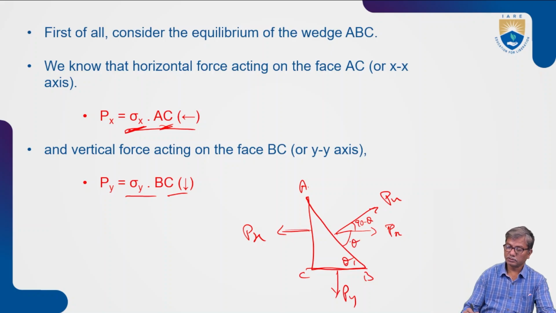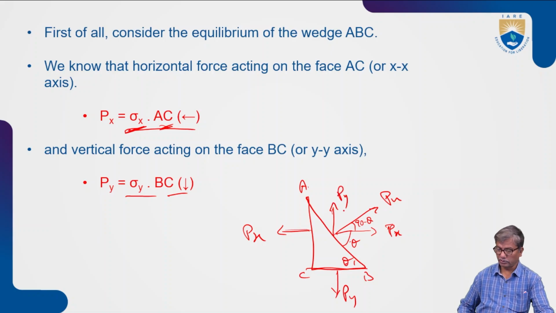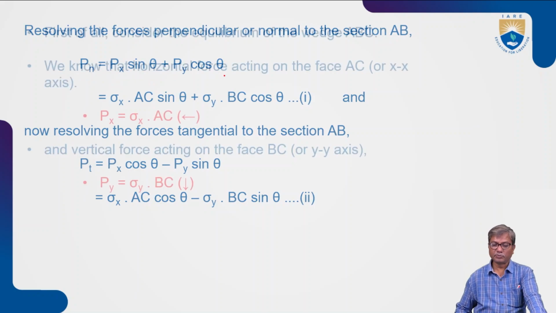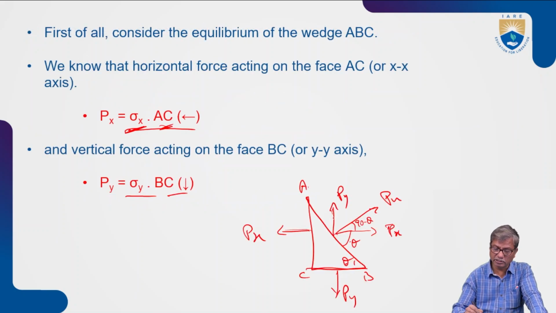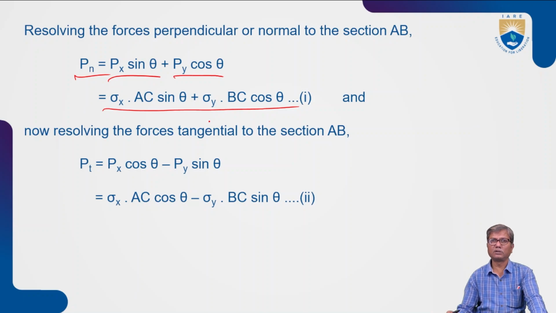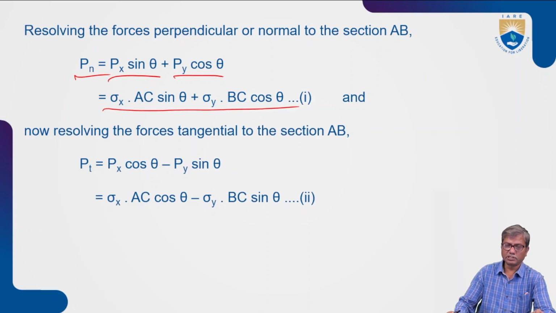So Px cos 90 minus theta, or Px sin theta, and Py cos theta. Px sin theta plus Py cos theta. This angle is theta. So the total normal component is the sum of these two, because both are in the same direction. We have to add; we will take the algebraic sum.